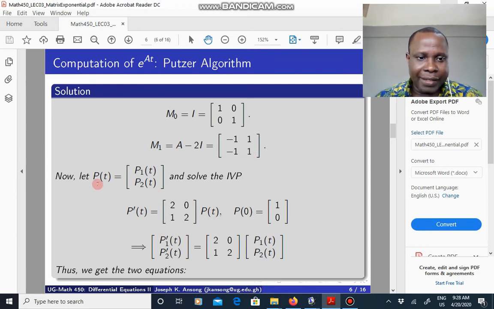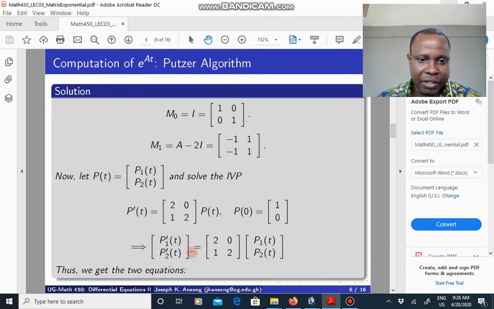Now, let the vector P be P1 and P2; we solve this initial value problem. P prime is equal to this matrix, where lambda 1 and lambda 2 are on the diagonal, in this case the same. Just below the diagonal you have 1, and 0 everywhere else, multiplied by P. P at 0 equals 1, 0. That's the initial condition.